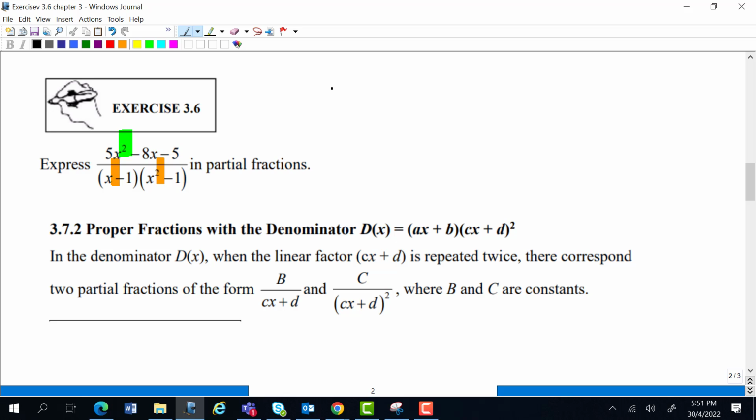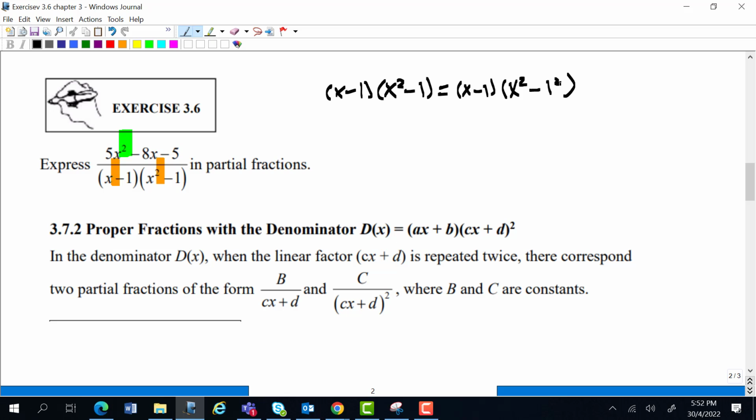So we have the denominator, x plus 1, x minus 1 over x squared minus 1. But x squared minus 1 is a difference of two squares, which is x minus 1, x squared minus 1 squared.